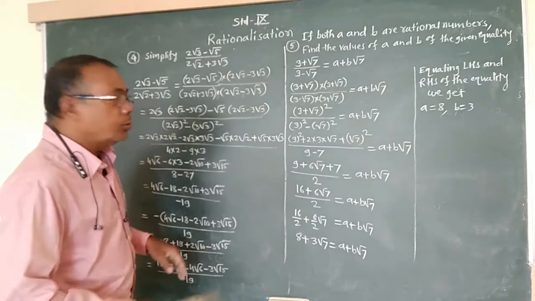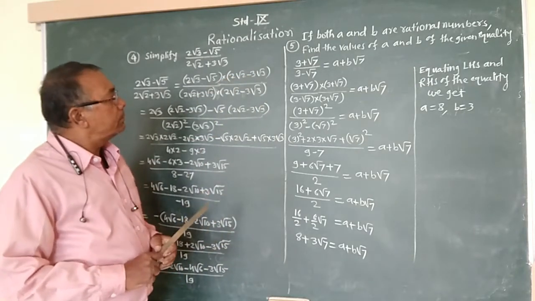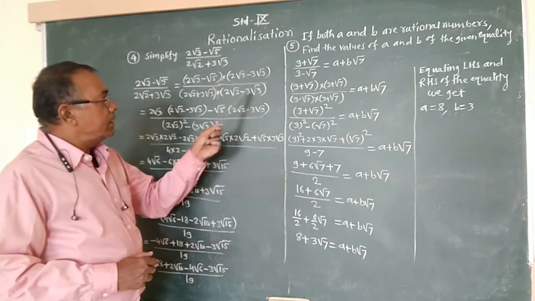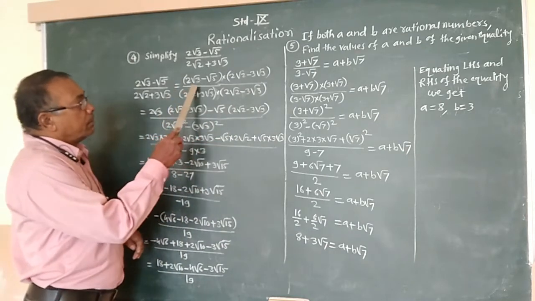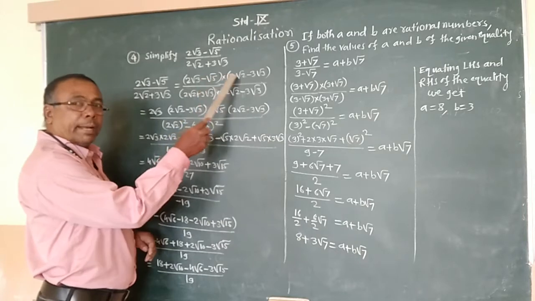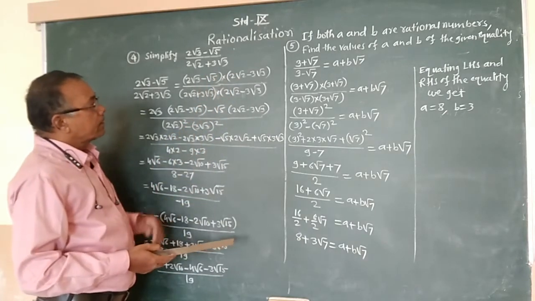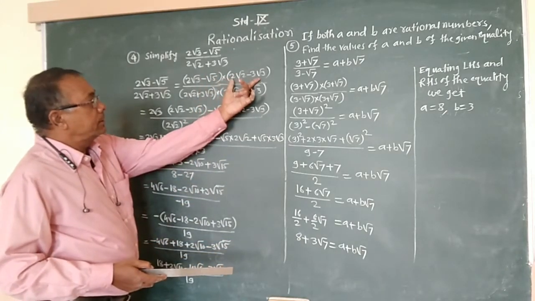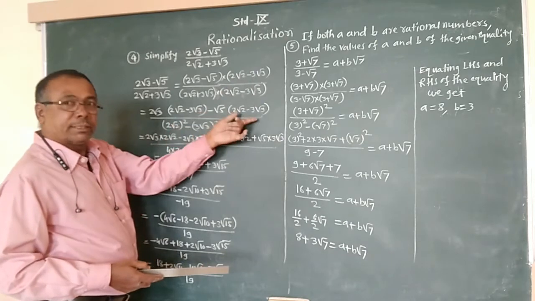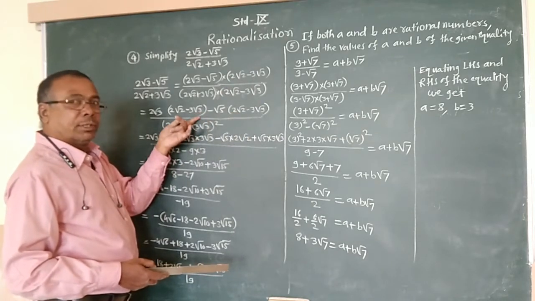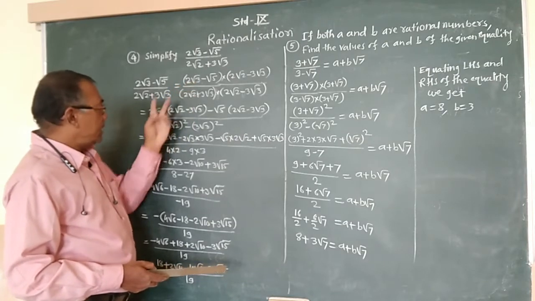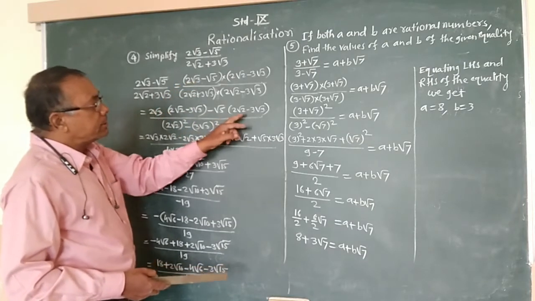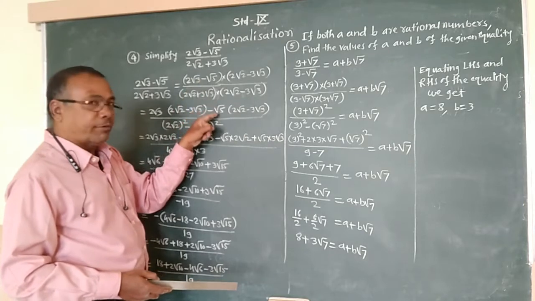So both numerator and denominator are multiplied by the same bracket. Multiplication of two brackets: first I have written this bracket 2 times, and multiply the first bracket by 2 root 3 and the second bracket by minus root 5.